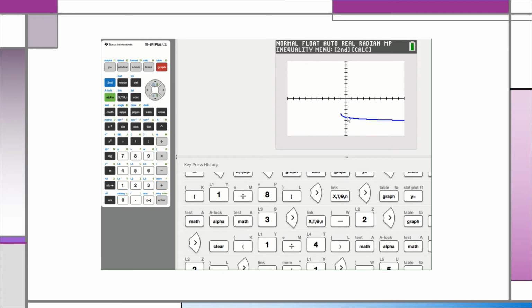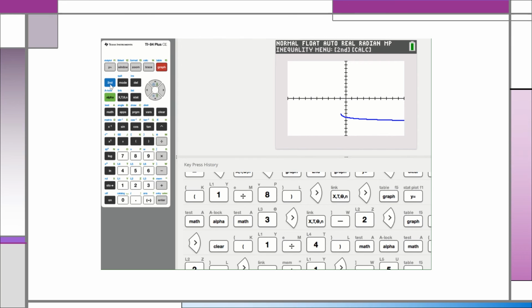The vertical translation has moved us down 5 units. And rather than having an x-intercept, you see now I've got a y-intercept at -5. 1, 2, 3, 4, 5, yes. That flipped us over, and I no longer have an x-intercept, but I do have a y-intercept.